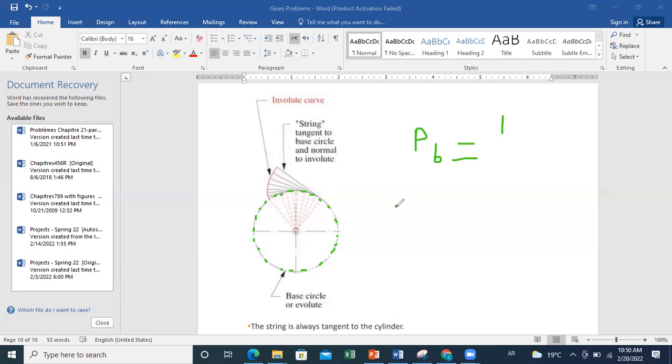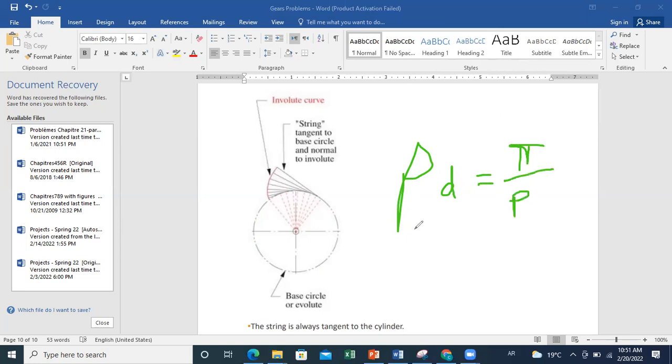You know that the diametral pitch PD is equal to pi over P. And what is the circular pitch?